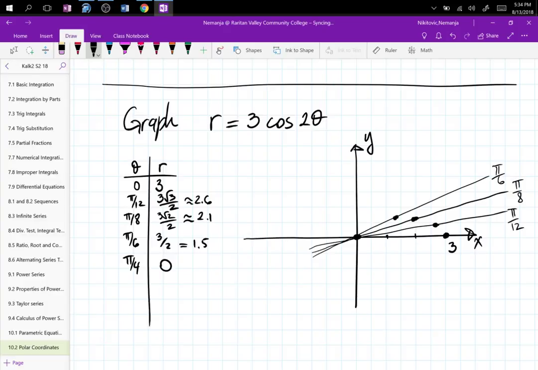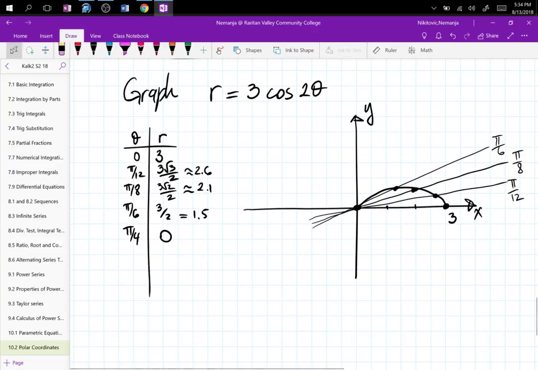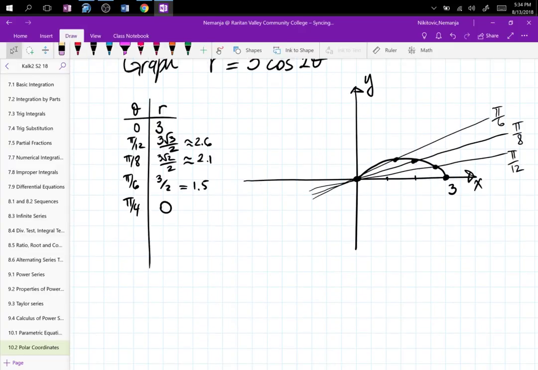As you can see, they lined up to be a half of a petal of a flower. As you draw this, it will give you half of a petal, like that. What does this picture look like as you pick up more points and so on? It is going to look like a 4-petal flower.